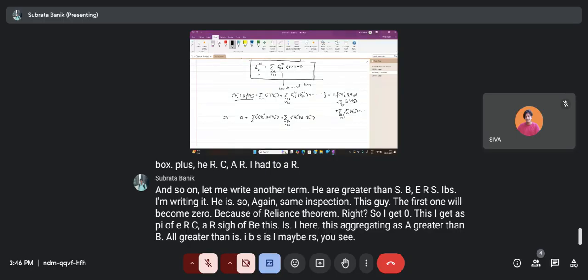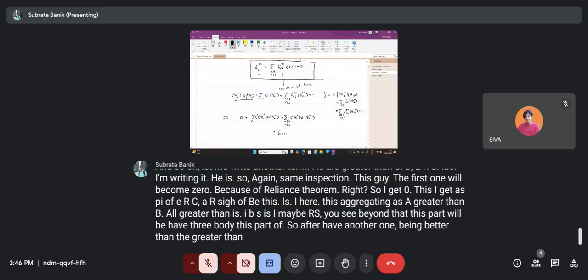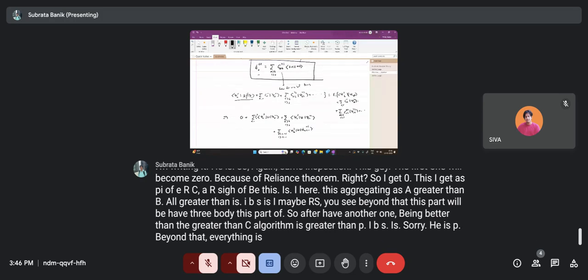You see, beyond that, this part will have three body terms. So I have to write another one: A greater than B greater than C, R greater than S greater than T, psi B S with psi A B C R S T. Beyond that, everything else becomes 0.